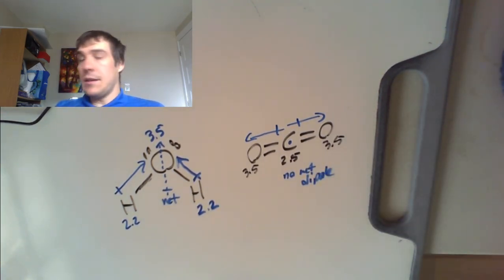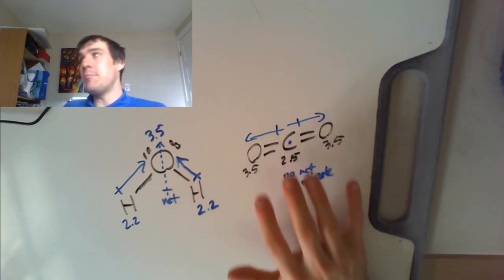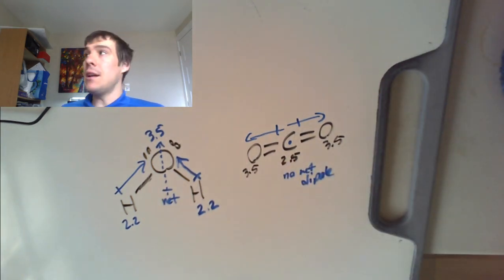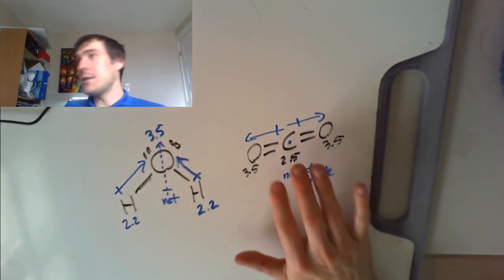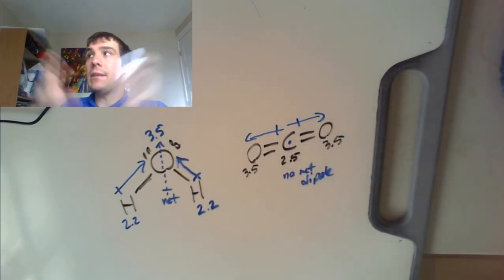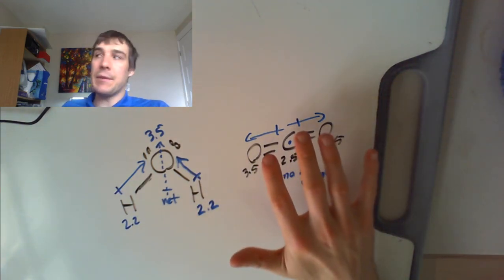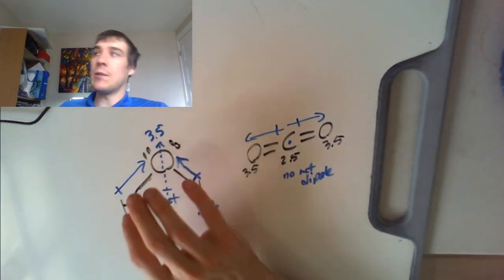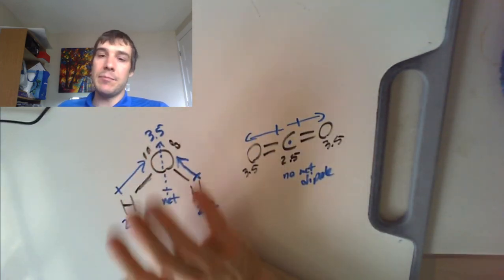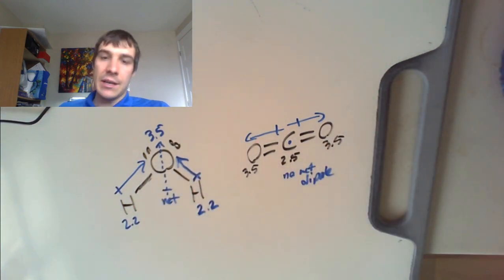This is a big part of the reason why carbon dioxide is a gas at room temperature, whereas water is a liquid. Carbon dioxide is much bigger as a molecule, much heavier, but it's a gas at room temperature because there's none of this kind of dipole interaction that brings them together like magnets do. It's very easy to pull carbon dioxide away from other carbon dioxide versus pulling water away from other water, because water has these poles that are attracted to each other, whereas carbon dioxide does not.